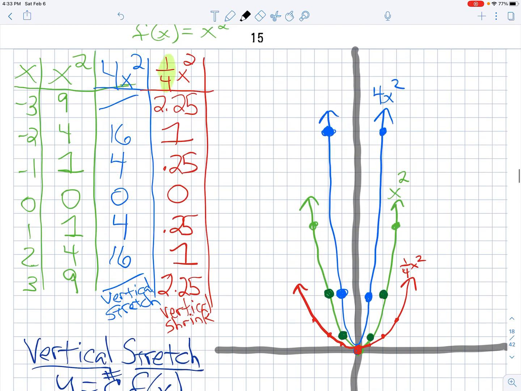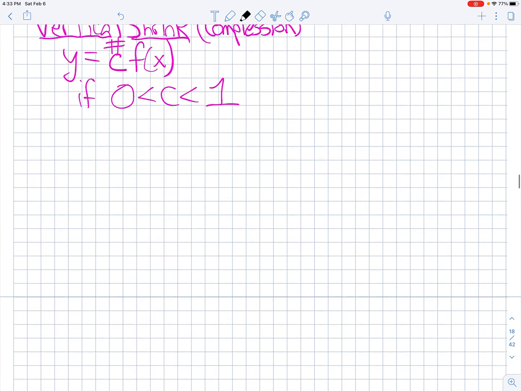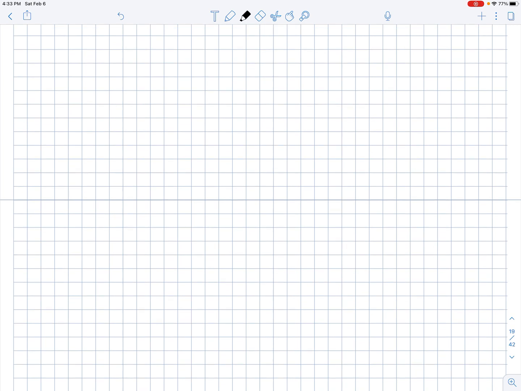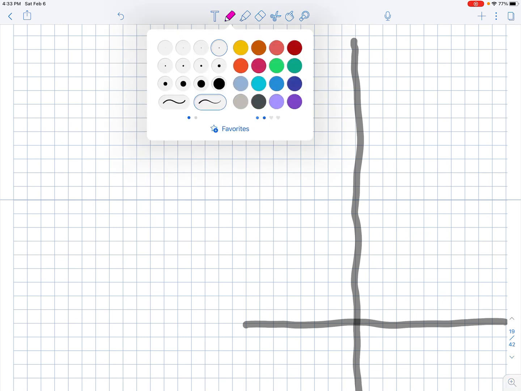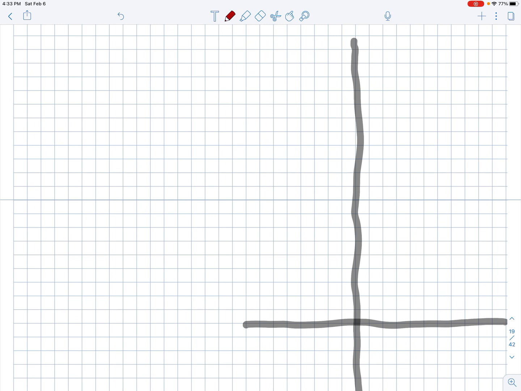I guess let me knock out the horizontal, might as well. So I'm going to do horizontal here. I'm going to set it up very similar to what I did with the vertical stretch. I'll make a y-axis here and an x, and I'm going to work off of x squared again.